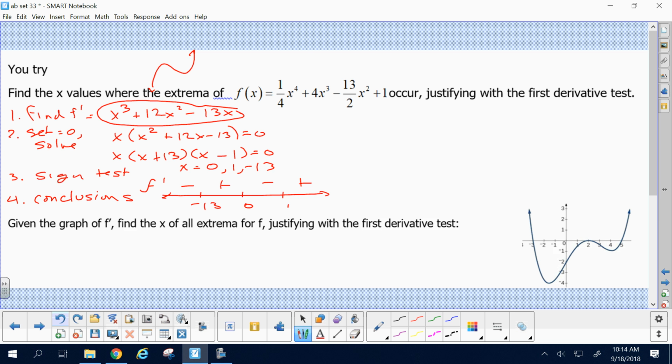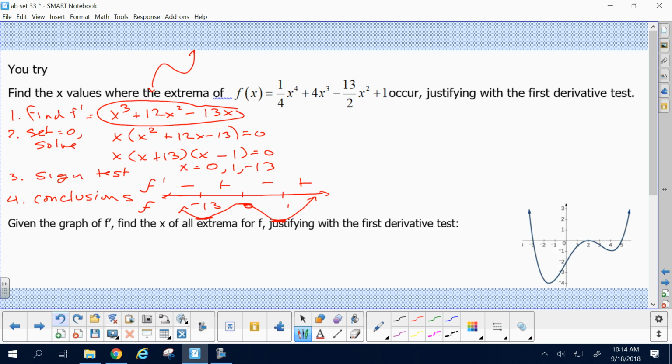If the function then, now let's think about what the function is. When the derivative is negative, the function is decreasing. Graph goes flat. When the derivative is positive, the function is increasing. Graph goes flat. When the derivative is negative, the function is decreasing. Graph goes flat at 1. And when the derivative is positive, the function is increasing.